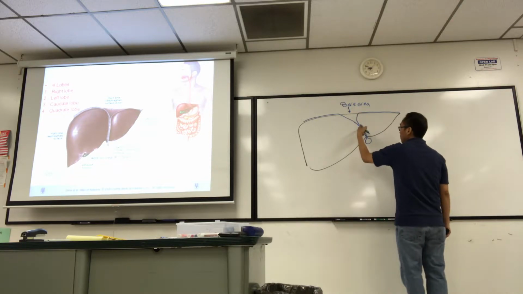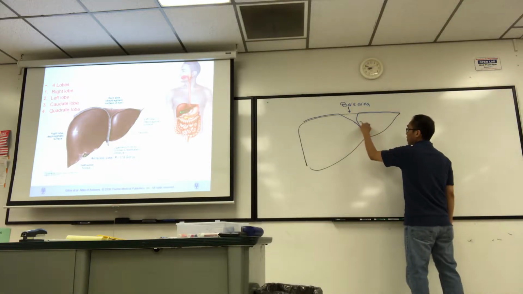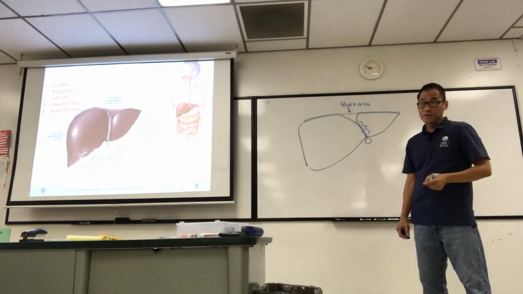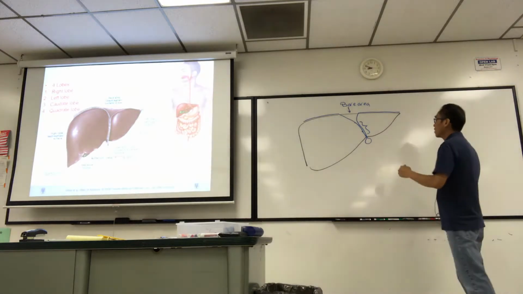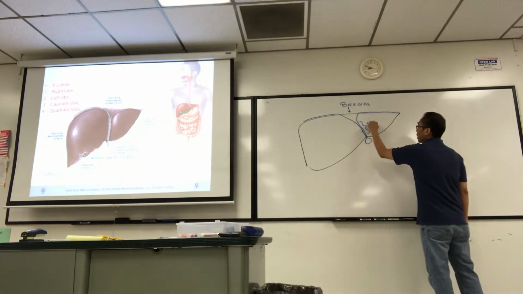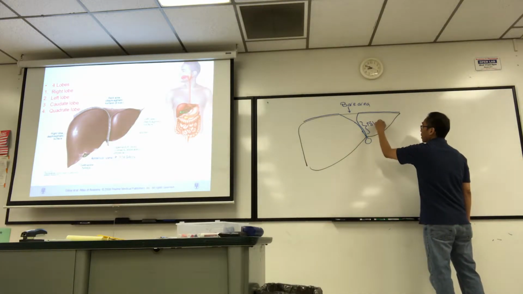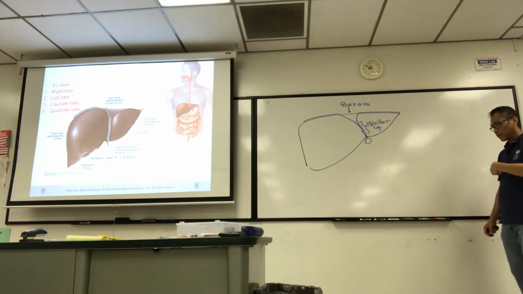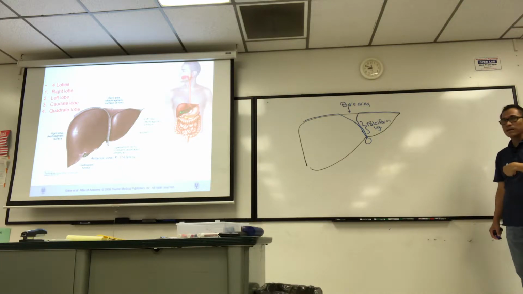Now this ligament that's been cut, that's the ligament you got to know. It's the falciform ligament. That ligament attaches the liver to the inside of your front body wall.